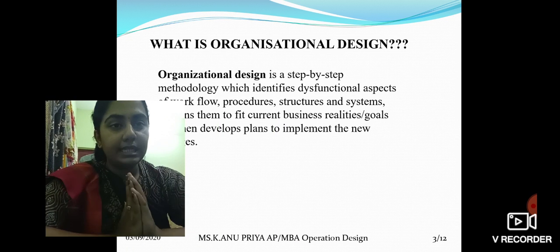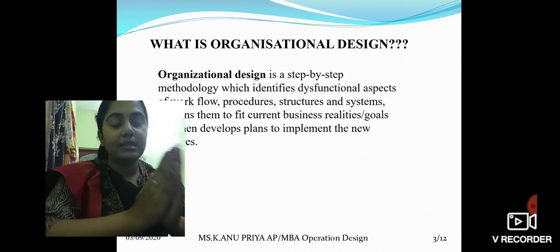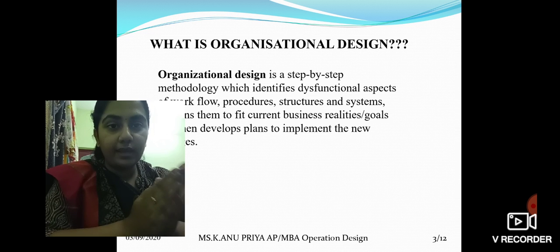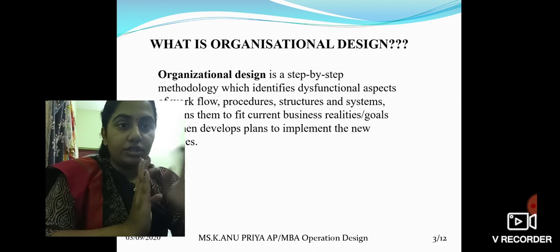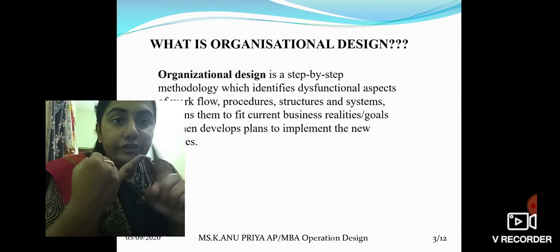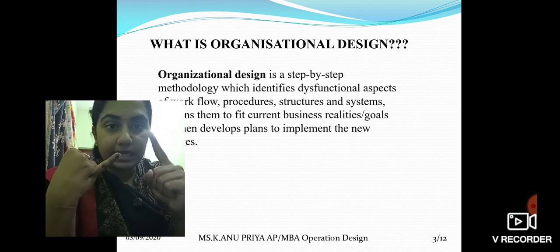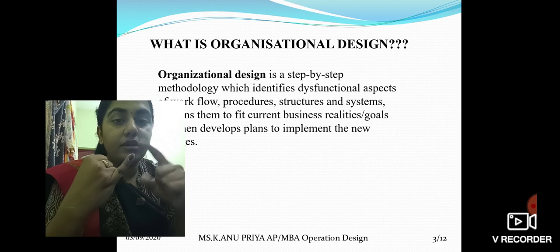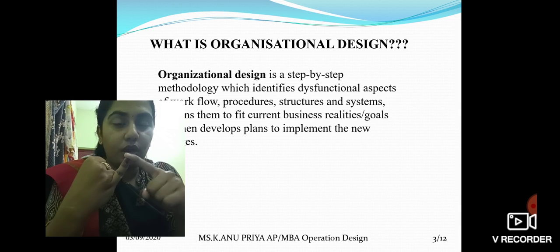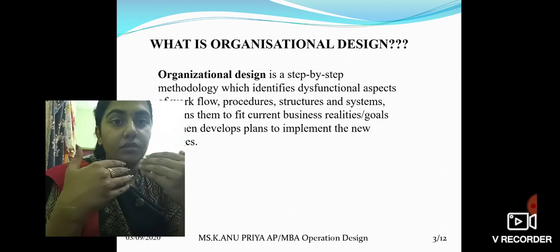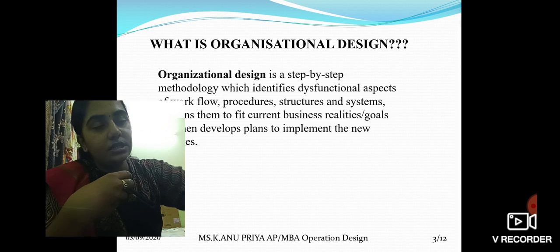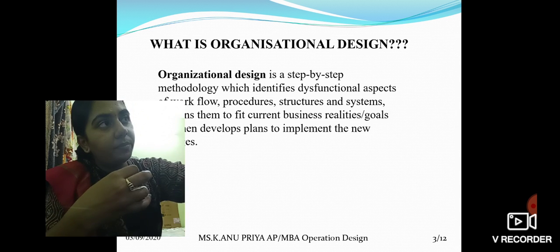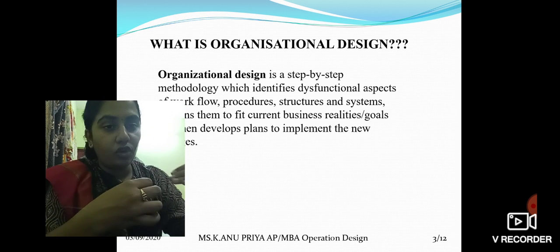Organization design is nothing but a step-by-step method which the organization uses in the development process to identify its workflow. First, find the workflow of an organization: how it is working, and how the departments flow from the top concern to the middle and the lower part of the organization.